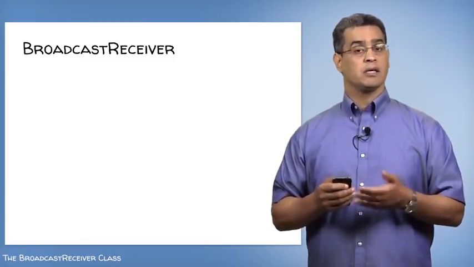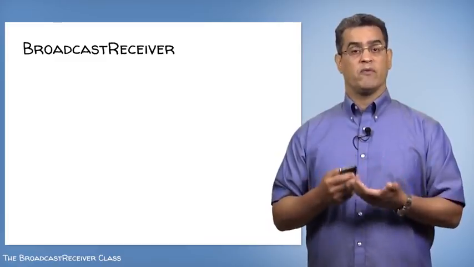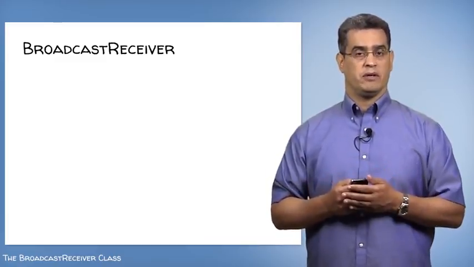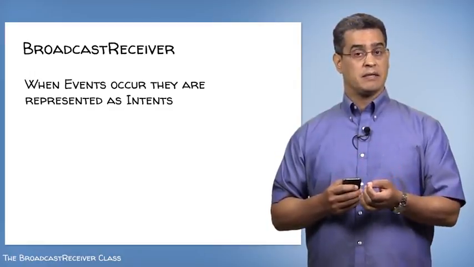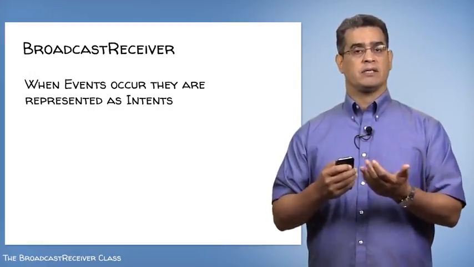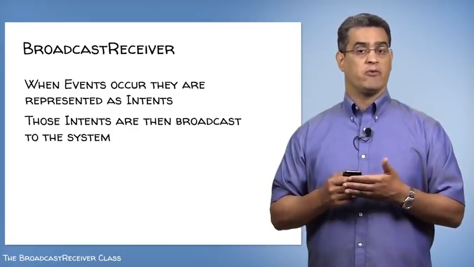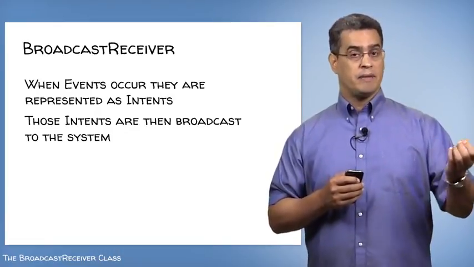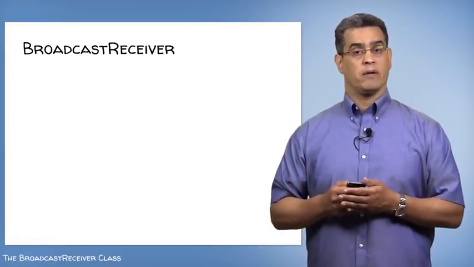Now, somewhere else at a later time, a component does something that it wants to inform broadcast receivers about. So it creates an intent that represents that event, and then it broadcasts that intent. So there are other components in Android that prepare MMS messages so that they can be later sent out over the network.